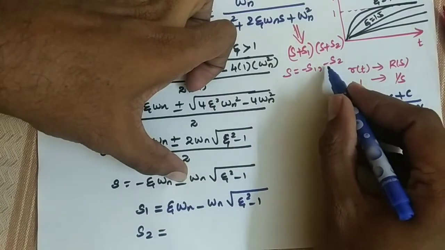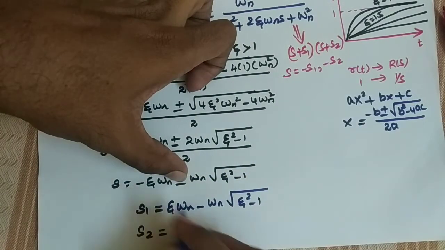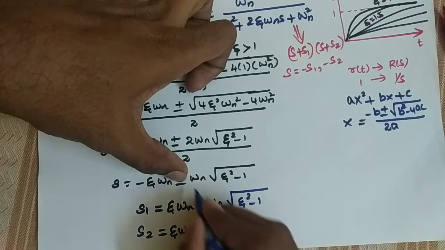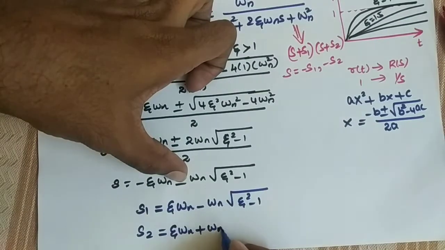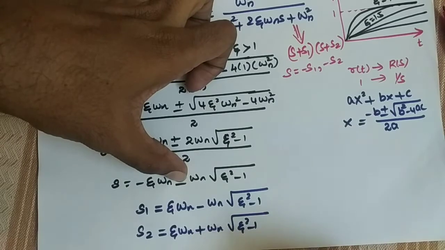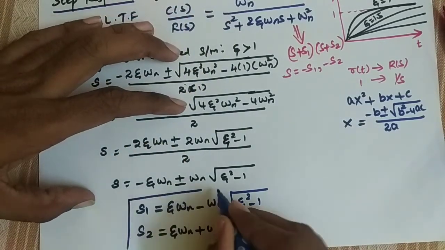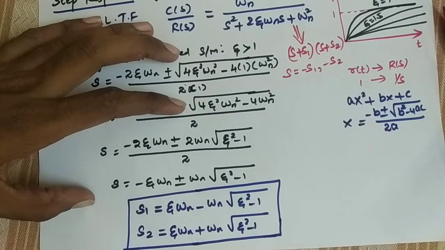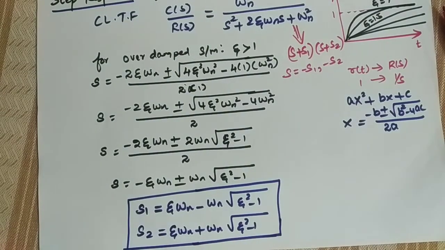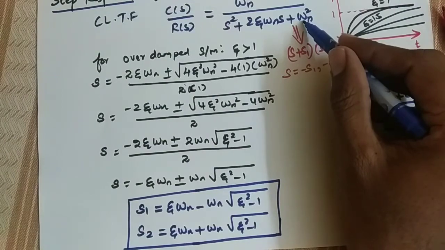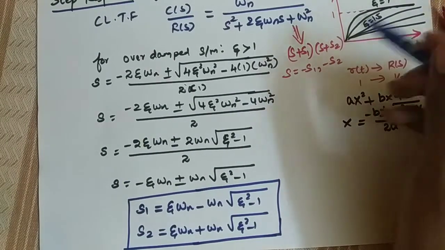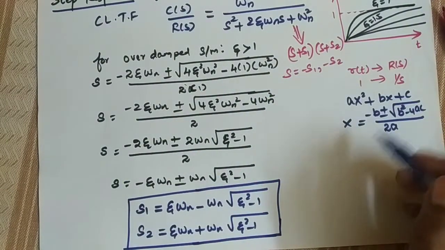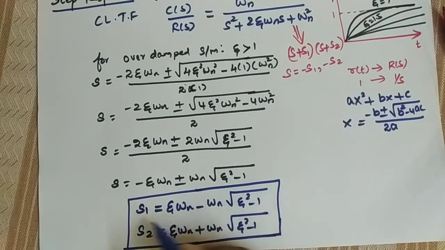Multiplying by minus, the minus minus cancels, and we get eta omega n plus omega n root of eta square minus 1. So this is the value of s1 and s2, the roots of this equation calculated with the help of the formula.